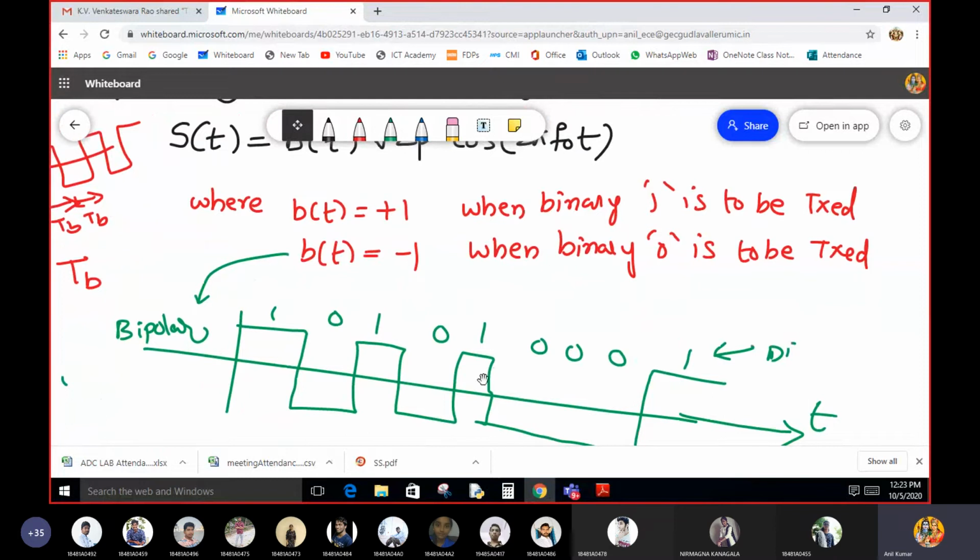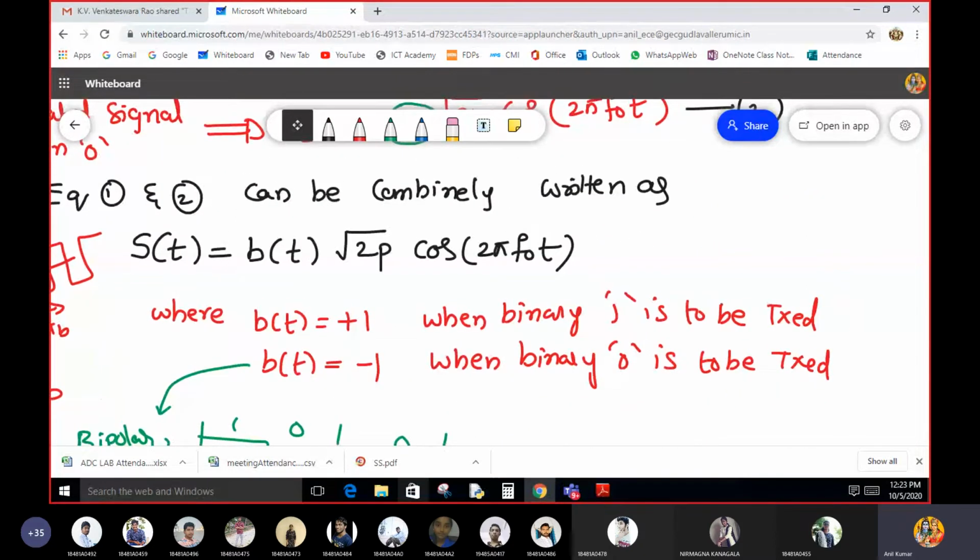Is it okay? Right. So this is the mathematical expression for the BPSK signal, the BPSK modulated signal expression.